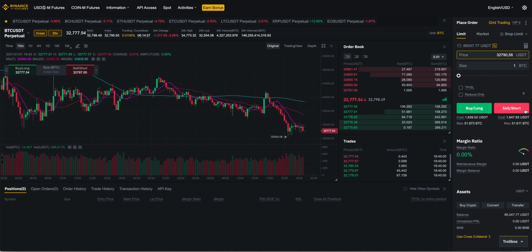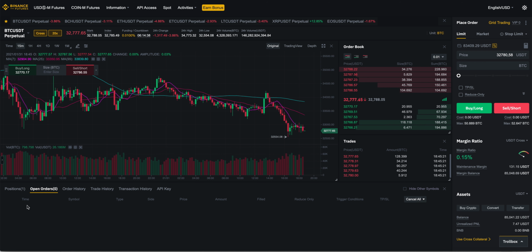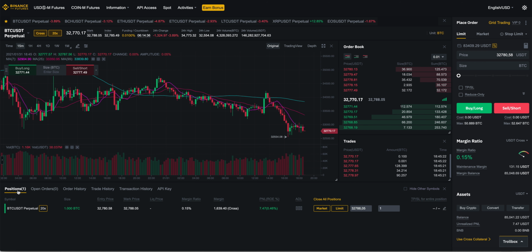I want to buy at 32,777. I want to be filled fast, so I will put 80. Okay, I can see here the open order, but it was already filled.